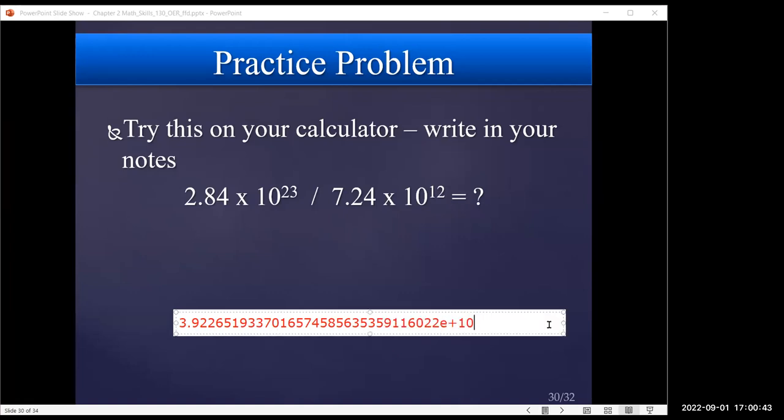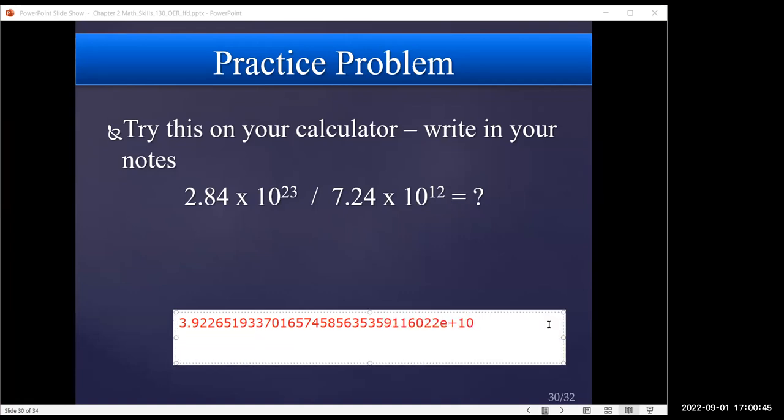Now, we already demonstrated that E function here; that is the format for the calculator. That is not the correct format for scientific notation.